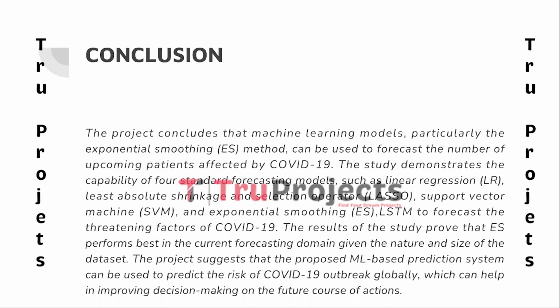The result of the study proved that ES performs best in the current forecasting domain given the nature and size of the dataset. The project suggests that the proposed ML-based prediction system can be used to predict the risk of a COVID-19 outbreak globally, which can help in improving decision making on the future course of actions.